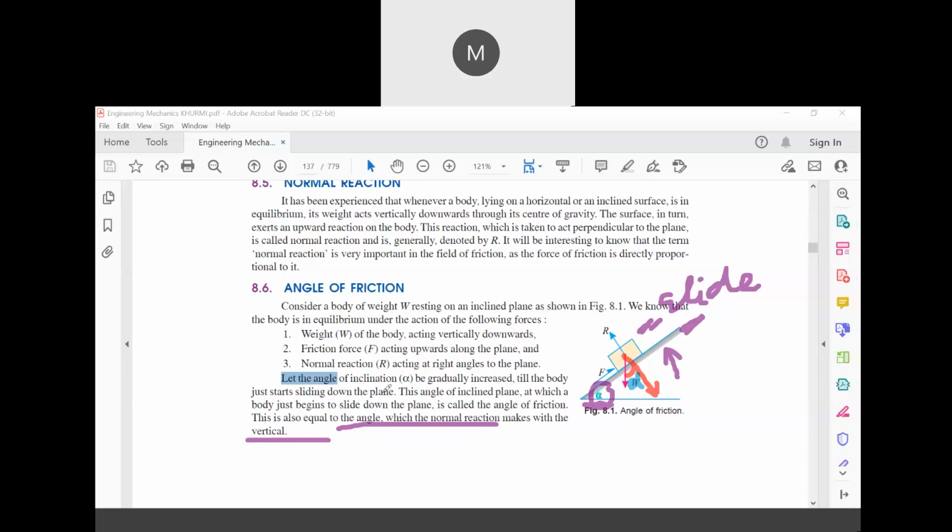So this is what the angle of friction is. I hope it is clear for all of you.